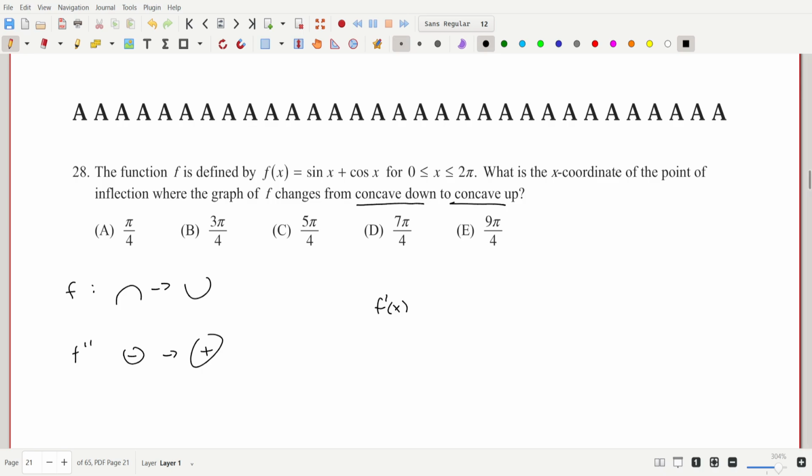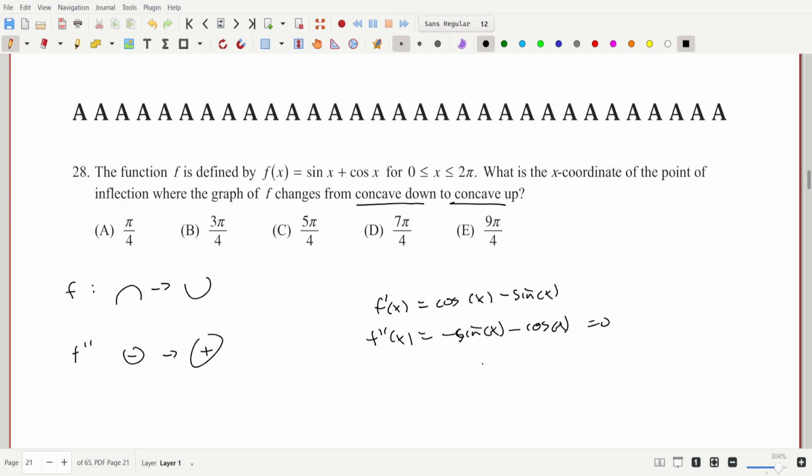F prime of x is cosine of x minus sine of x. F double prime of x is negative sine of x minus cosine of x. Okay, when is that 0? This is when I kind of rush through sometimes.